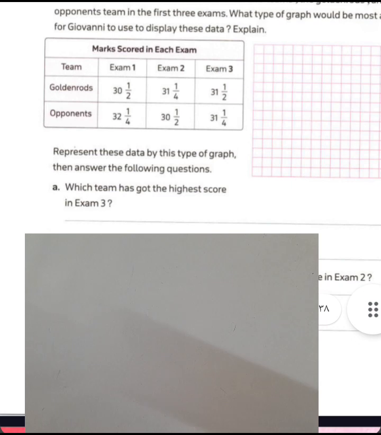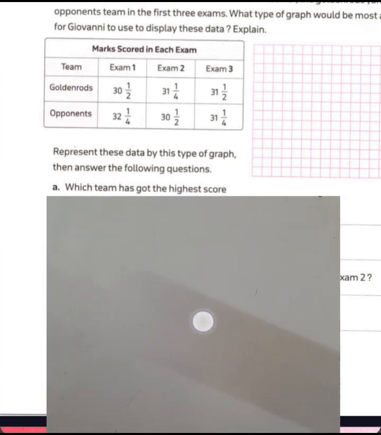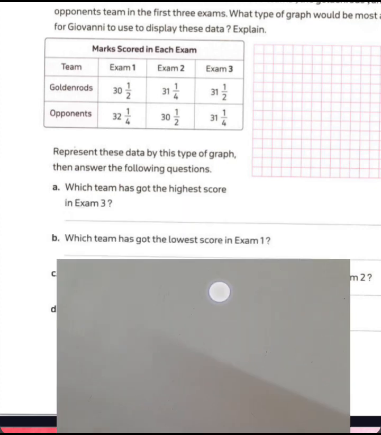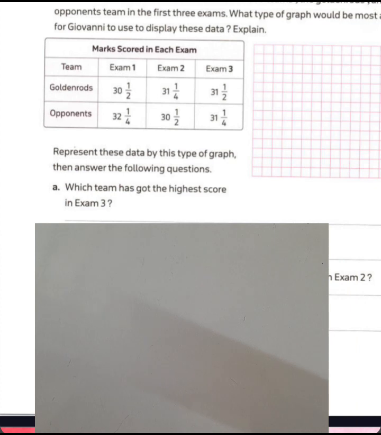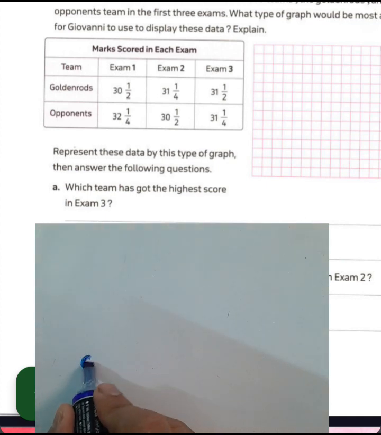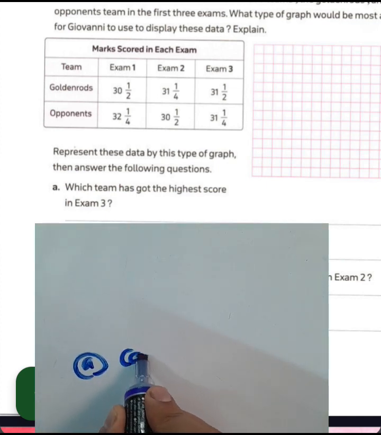Question letter A. Which team has the highest score in an exam? High score in exam, 30. Exam what? In exam number 3. Team Golden Roots. Okay, letter A. You can write Golden Roots.